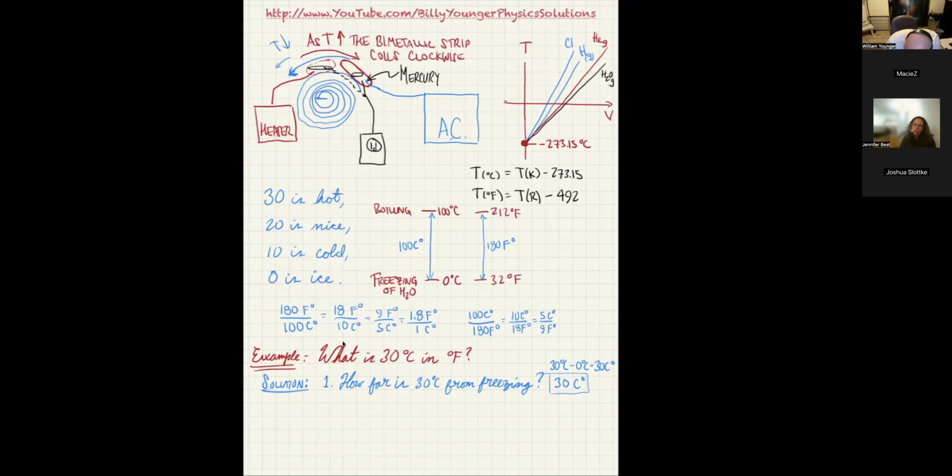Now part two, we're going to say, actually, let me write it a little bit further to the left. We're going to say 2, how far is this in the Fahrenheit scale?